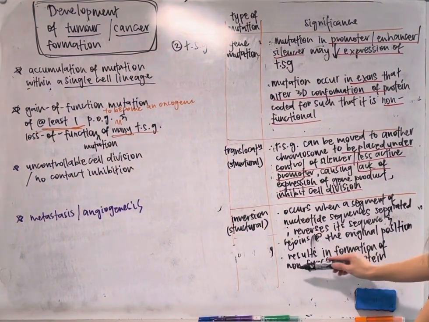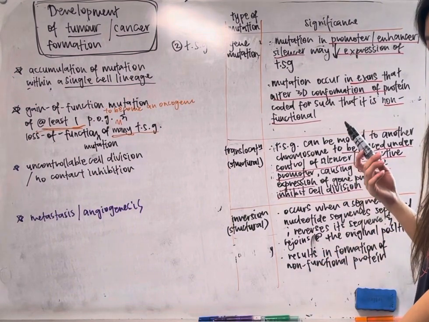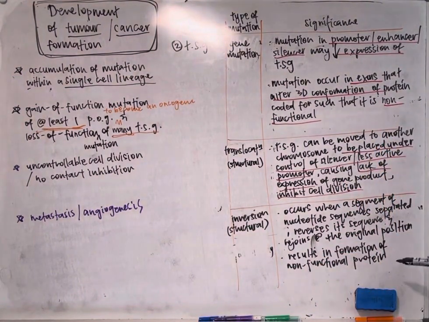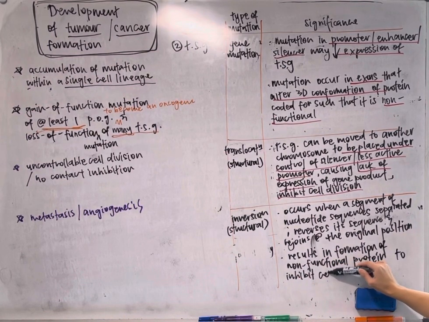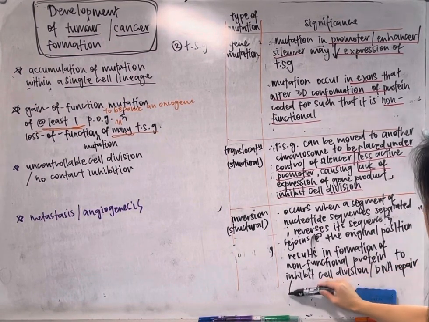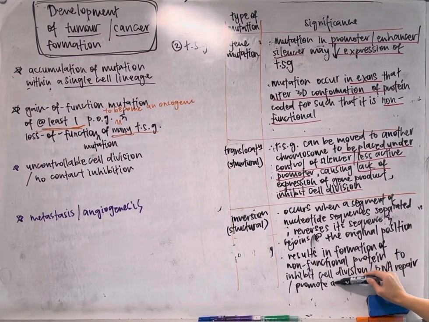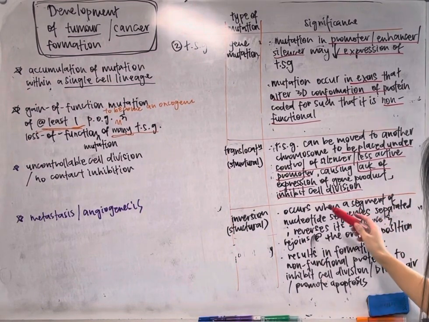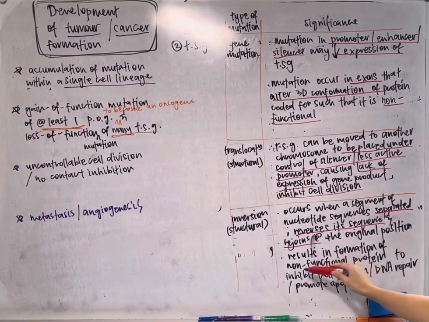So it's no longer able to inhibit cell division or DNA repair, or you can even say promote apoptosis. Next one: it's separated, reverse sequence, and then rejoins. This one will lead to non-functional protein.